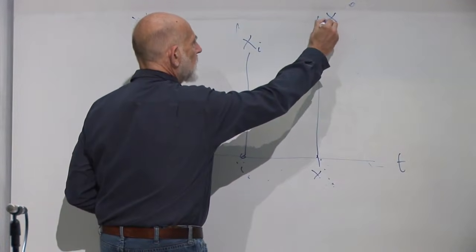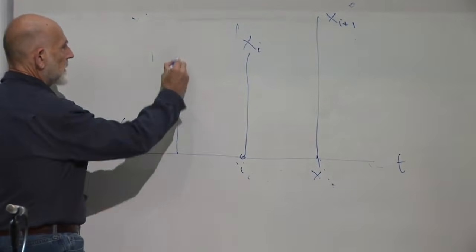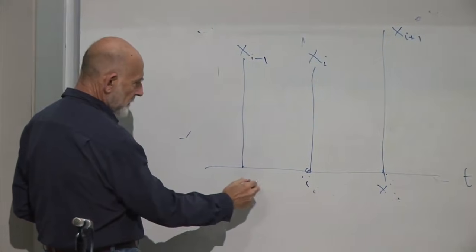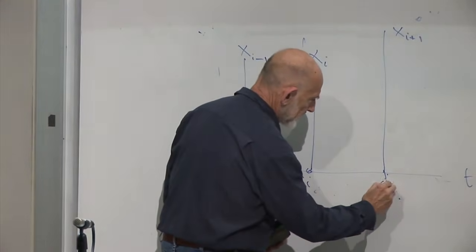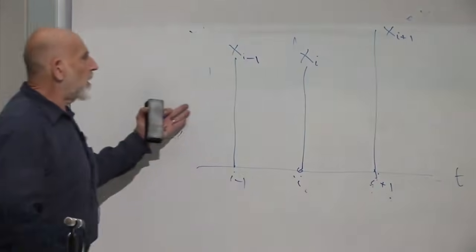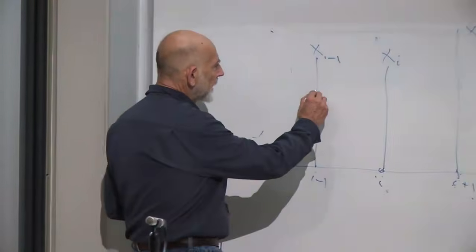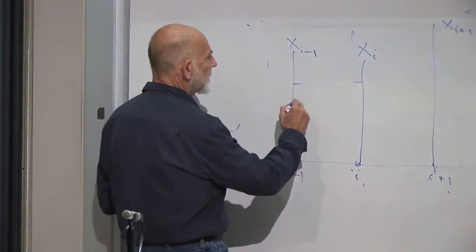Here's xi plus 1. And here's xi minus 1. And this is I minus 1. I plus 1. Why don't I bother drawing any more than that? Here's the curve in here. I don't want to draw it flat. Here's the curve in here.